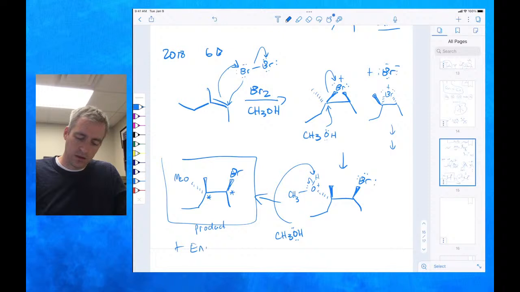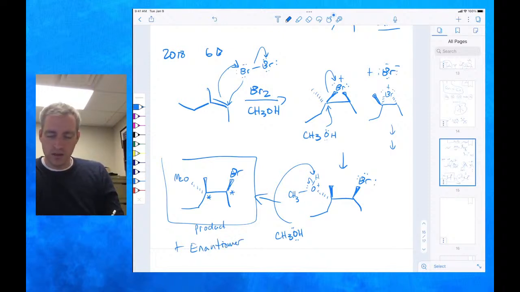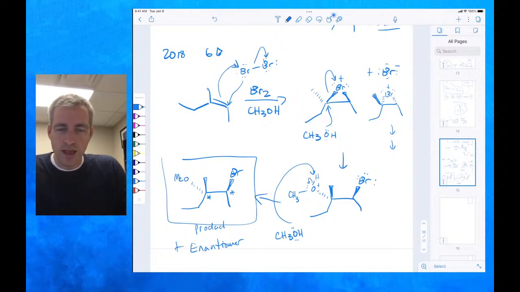And you'd expect to get 50-50 of the two products. You get a racemic mixture because we're starting with achiral molecules. So if you're starting with an optically inactive mix, you're going to get an optically inactive mix of products too, which generally means racemic mixture if you are making something that's chiral, like we are in this case.